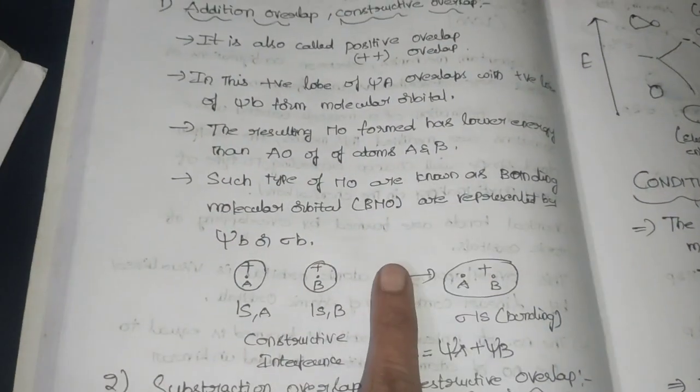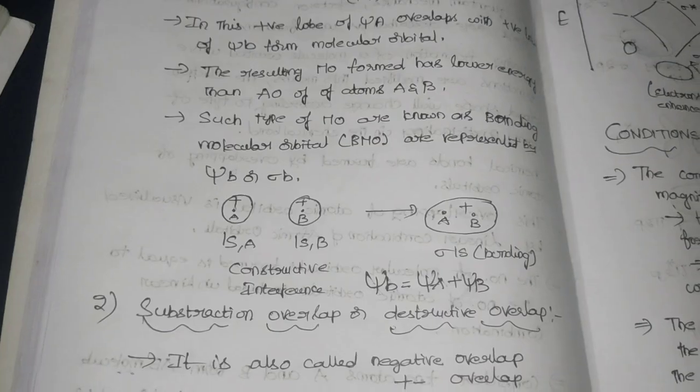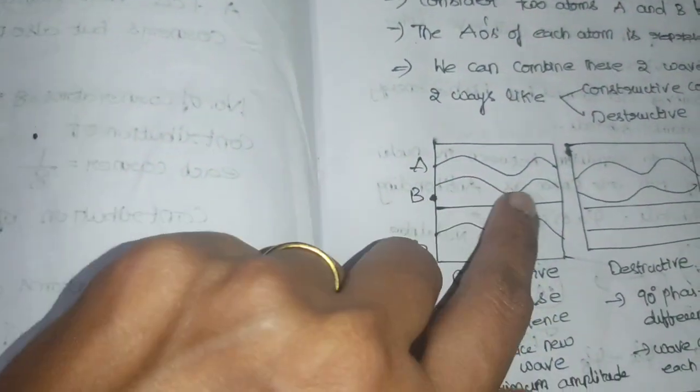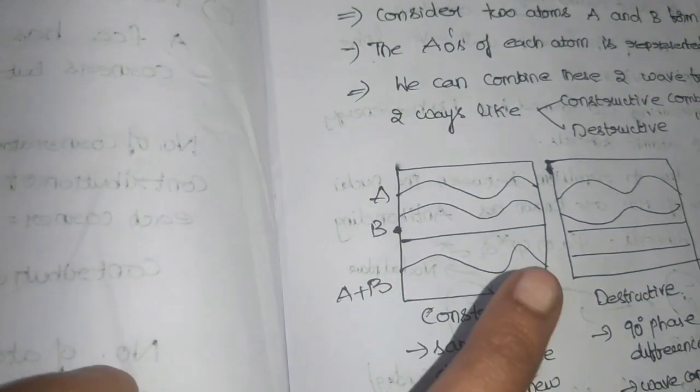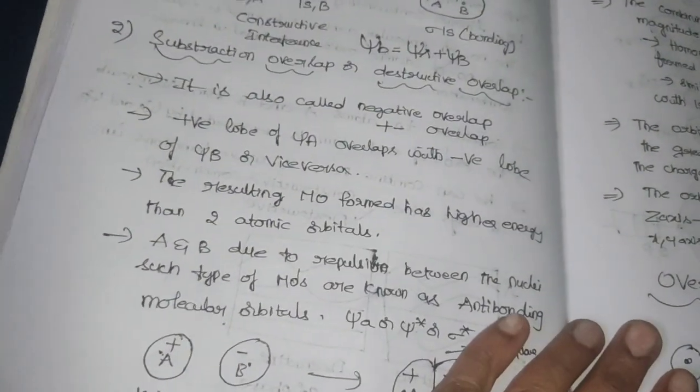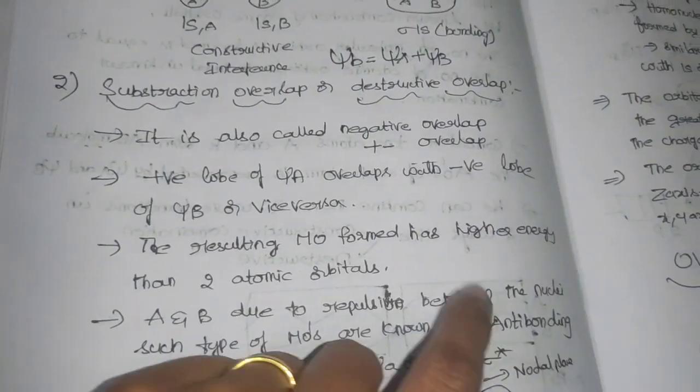So this is constructive overlap. Just as I told you, same phase, and a new wave of maximum amplitude is formed.